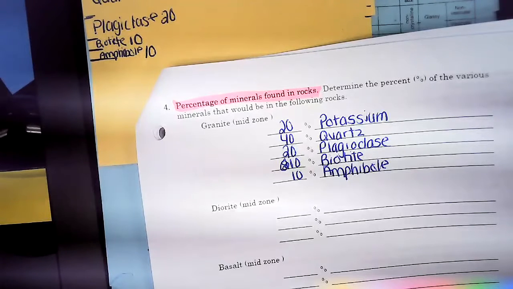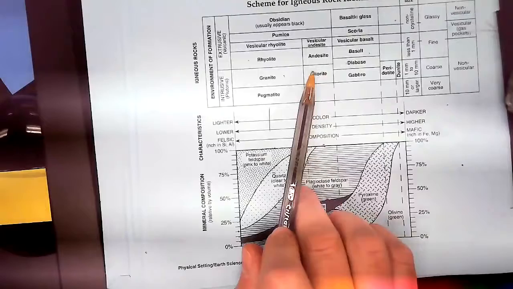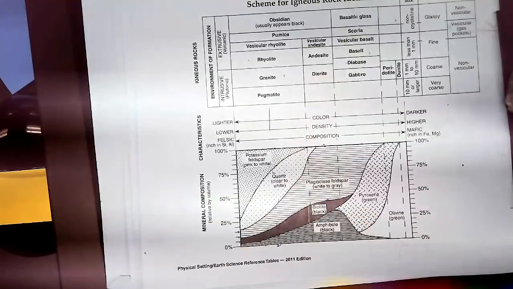All right, let's try diorite. How many minerals do you get in diorite when you go to start this off? Where do we put the paper? Here's diorite, but where do we put the paper?